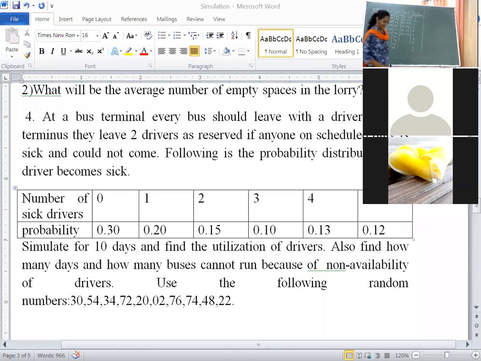Here, instead of sick drivers, I am writing number of reserved drivers, NRD. Then here we should write down the shortage of drivers.